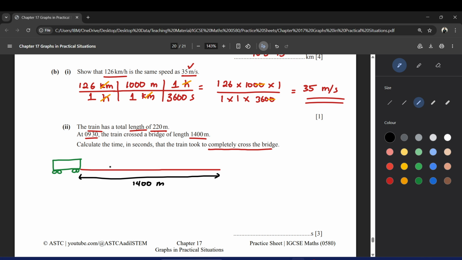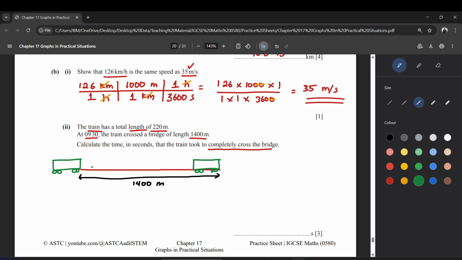Usually what happens is that if you're comparing the length of the distance, so if you're starting to compare from the first wheel or from the front of the train, then you also end at the front of the train, isn't it? You end it like this. So you're taking the distance from the front part of the train and to the front part of the train, the front to front, or you compare from back to back.